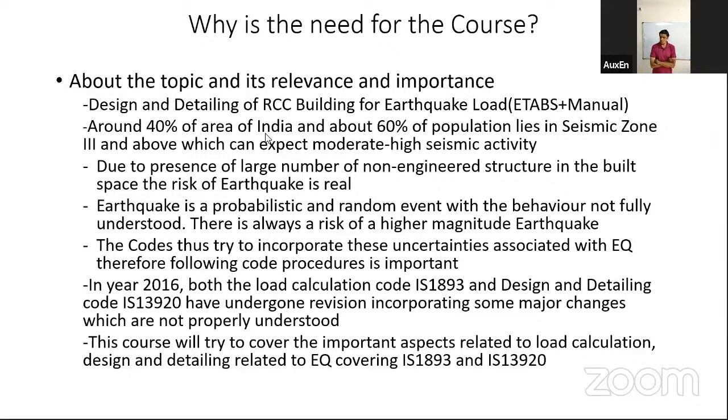The second aspect would be how to design and detail for these earthquake loads. Earthquake load calculation will be done by IS 1893, and the design and detailing part will be done by IS 13920.